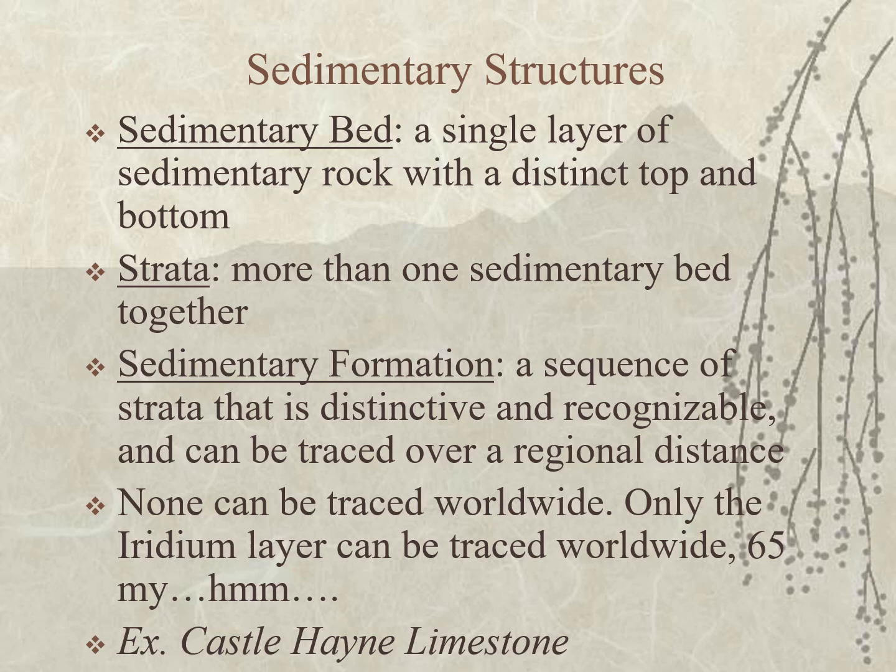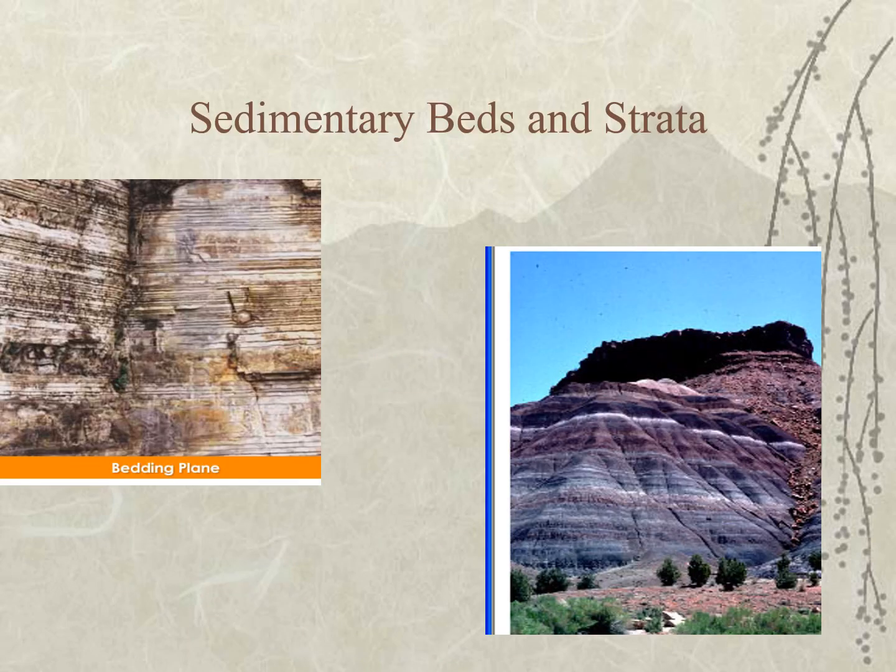Only the iridium layer can be traced worldwide at 65 million years ago. Let's think about that. We'll talk about that again later. Anyway, I will want you to know an example of a sedimentary formation for your second exam, and a good one to remember is the Castle Hayne limestone, which is found in southeastern North Carolina.